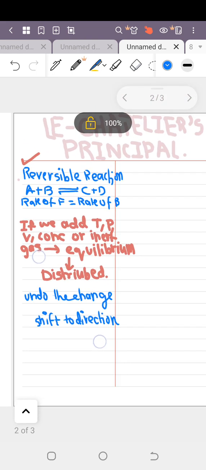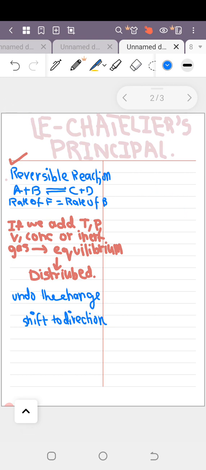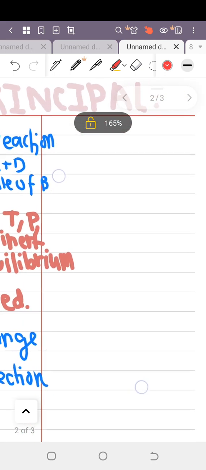So here we will learn about these directions. First of all, we have change in concentration. Our first topic is change in concentration.